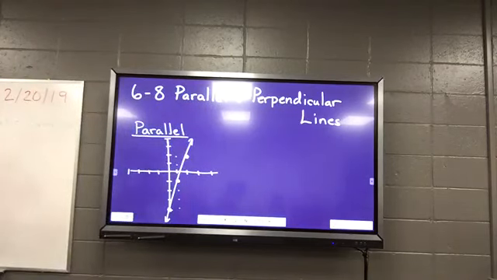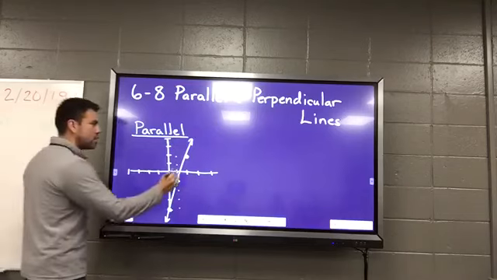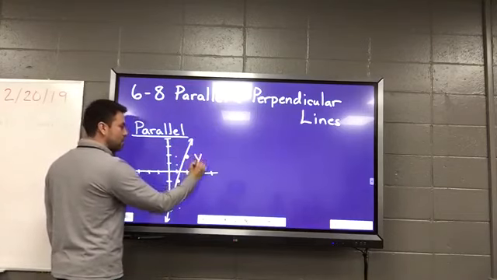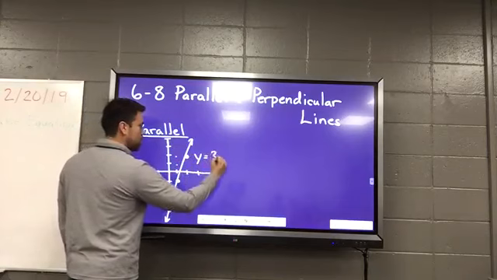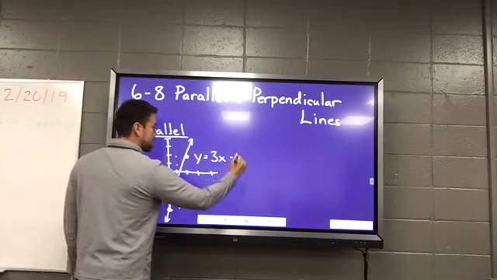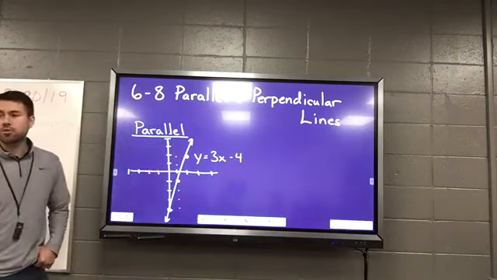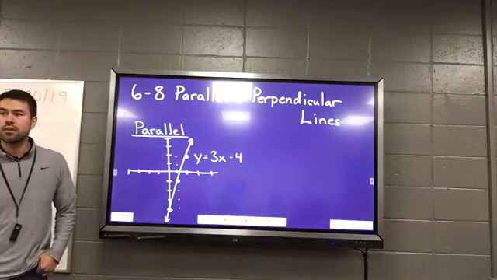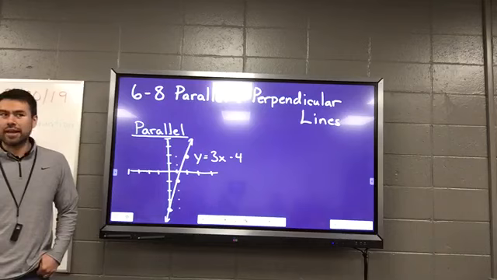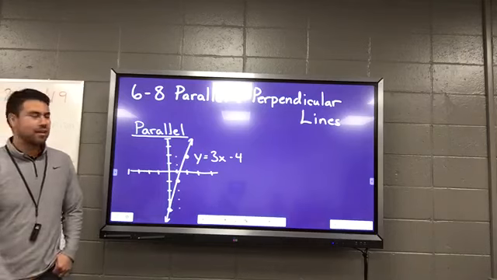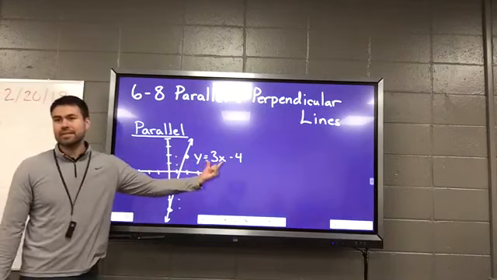That's your first line. And the equation of this line in slope-intercept form is going to be y = 3x - 4. That's the equation of that line. How many of you remember slope-intercept form? You kind of remember it like y = mx + b. Does anyone know what the m is in this equation?